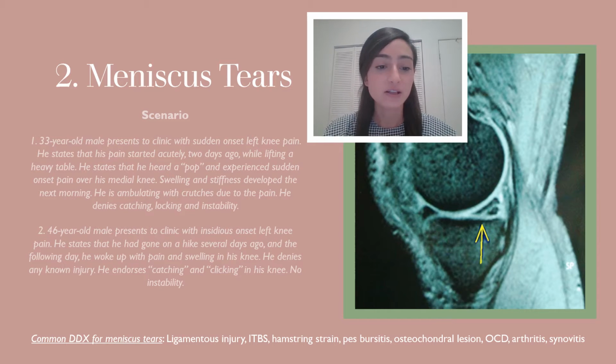Okay, so let's look a little more deeply at the history. So this patient's injury was when he was lifting a heavy table. What this patient was doing was loading pressure onto the joint, and he may have twisted his knee at that time. Commonly, meniscus tears are experienced when a patient is running or putting pressure on the joint and twisting or pinching the meniscus and pivoting.